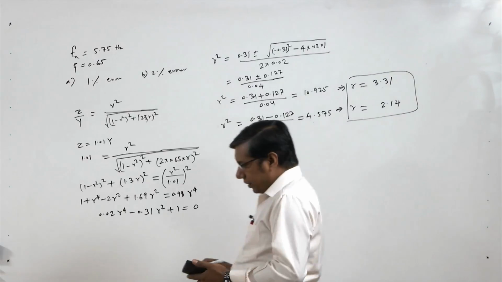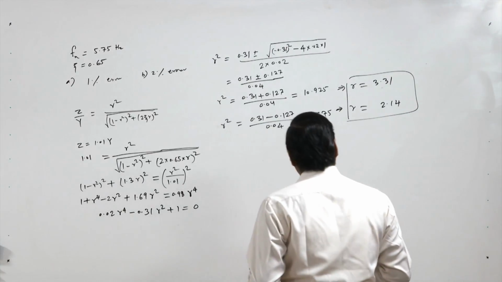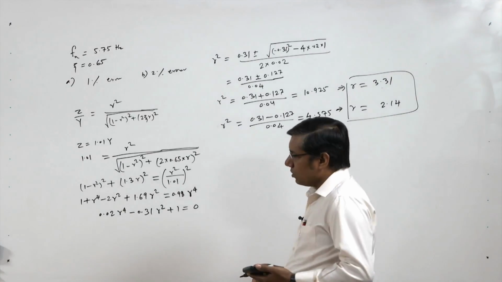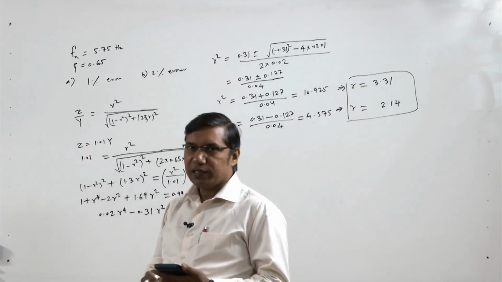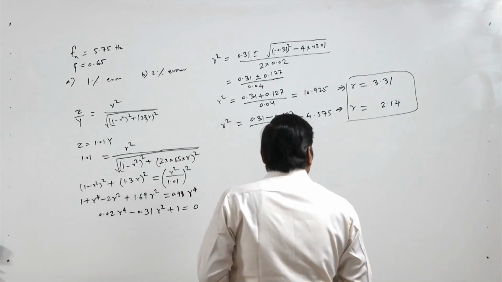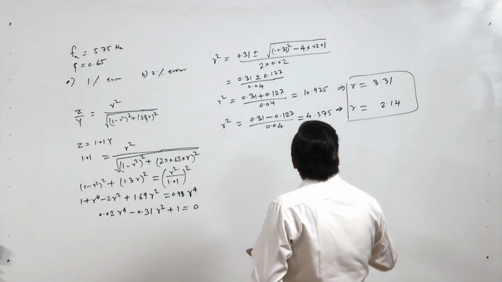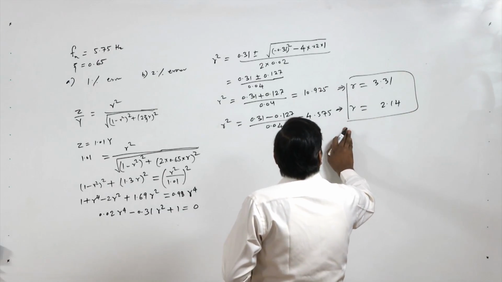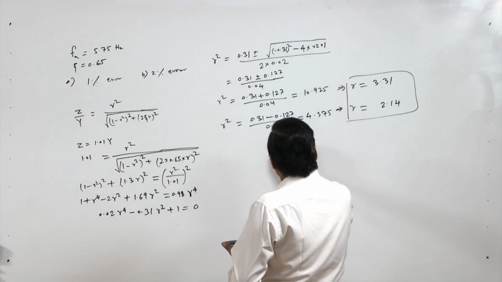So we are getting these two values, and we have to select which one is correct.